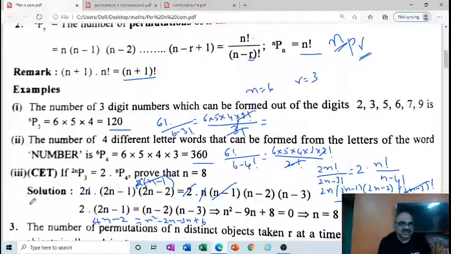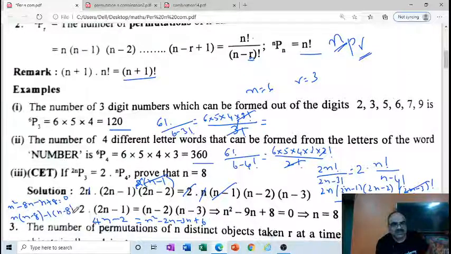We need to factorize this. How do we split it? n square minus 8n minus n plus 8 equals 0. 8 ones are 8, and 8 and 1 if you add, it is going to be 9. n into n minus 8 minus 1 into n minus 8 equals 0. So n is equal to 8 or 1 you get.